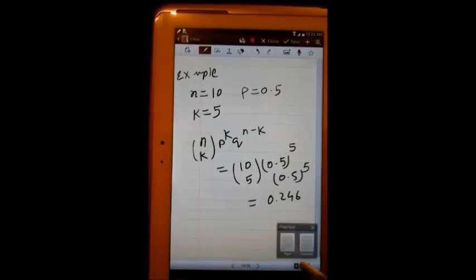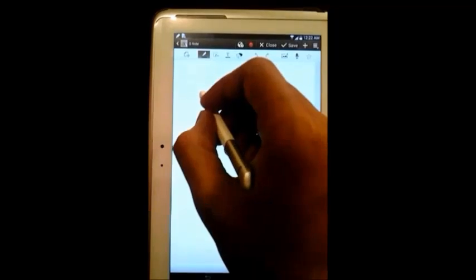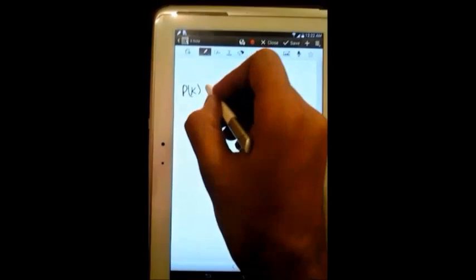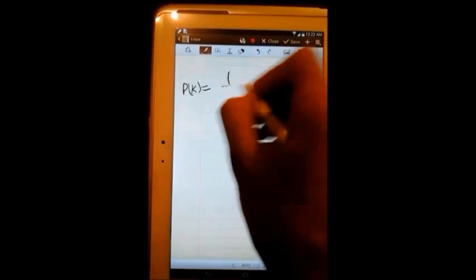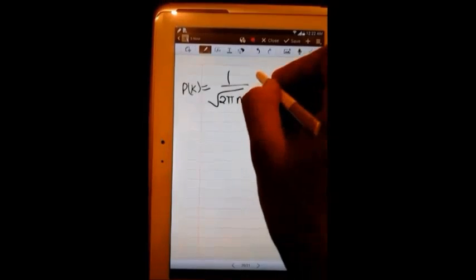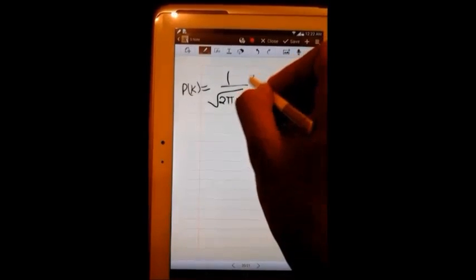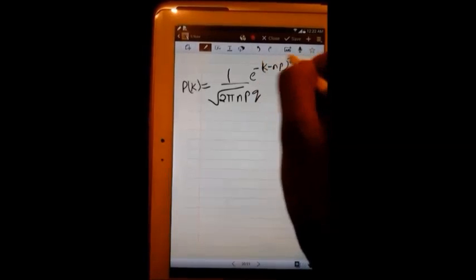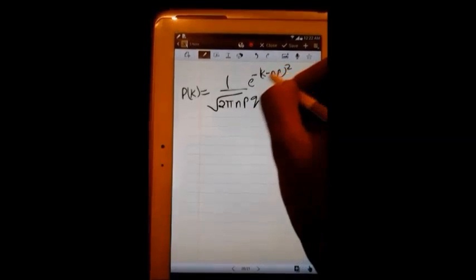Solving the same example with the approximation, we get P of k is equal to 1 upon under root 2 pi npq, e raised to minus (k minus np) the whole square upon 2 npq.